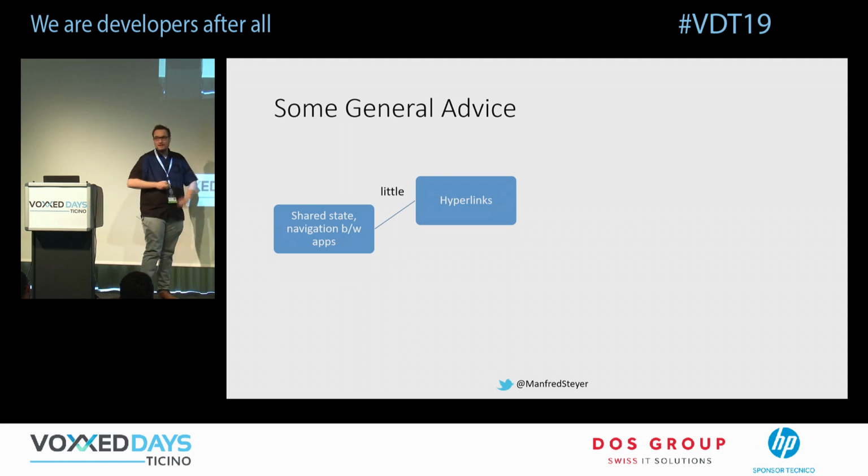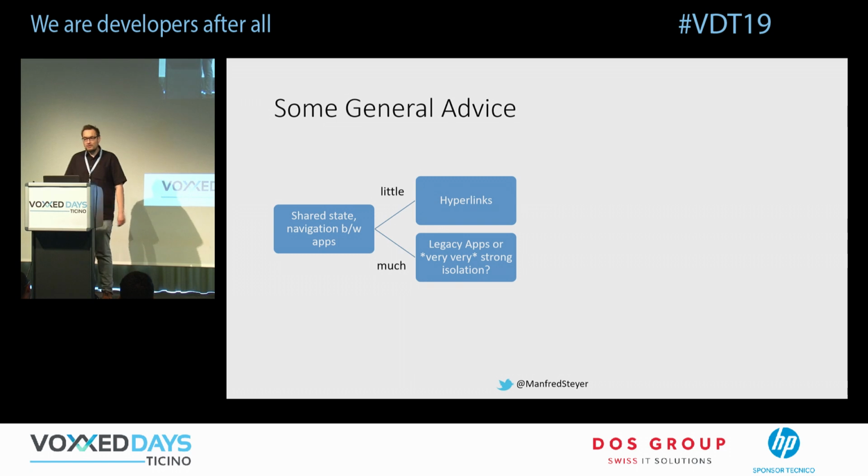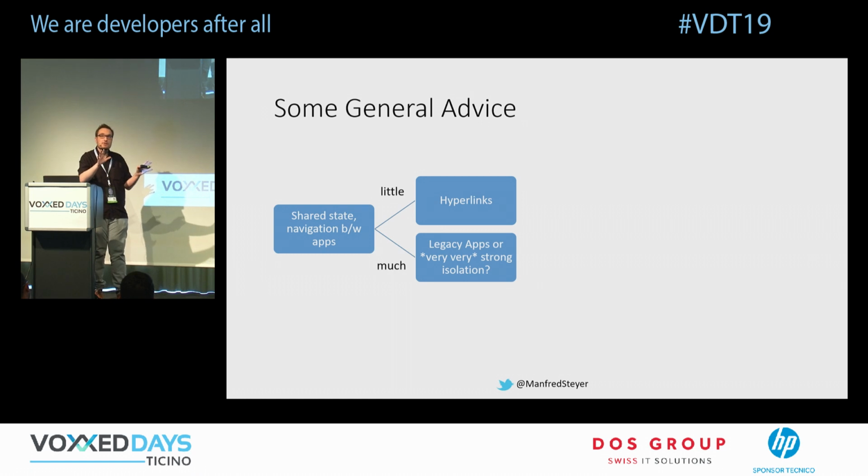then the next question is, do you have to integrate legacy applications, or do you need a very strong isolation? I have this customer that builds an ERP system for a niche. It is a very special niche, and because it's a niche, they cannot implement all the parts of the application.